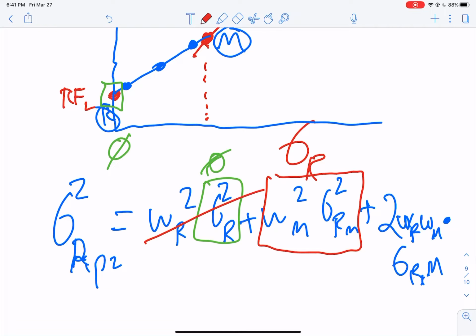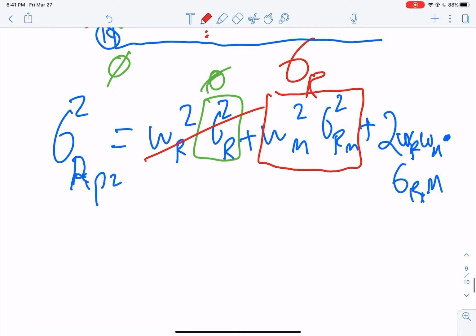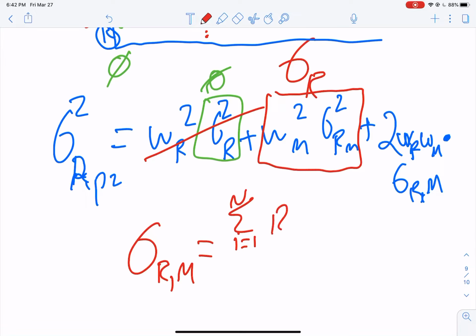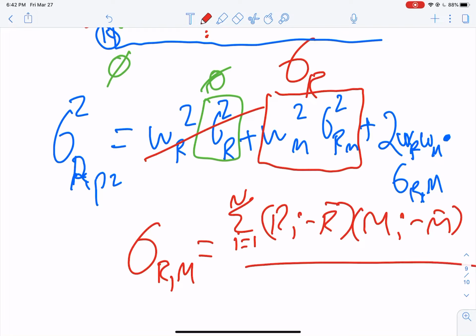Let's look at this term. 2 W_R W_M covariance of R and M. Well, let's think about the formula for the covariance of the returns on R and M, that's going to be equal to the sum for i equals 1 to n of R_i minus R bar times M_i minus M bar, all divided by n.